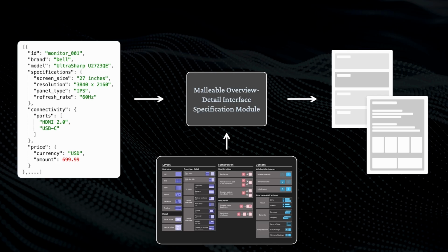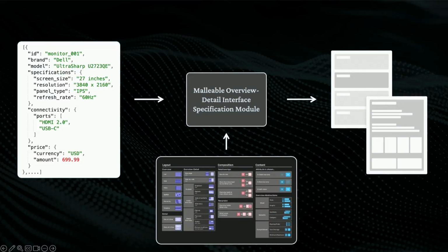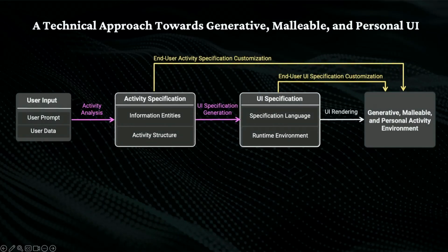By just connecting an array of JSON with this specification module, it can turn that data into a configuration of overview detail interface, figuring out what attributes to be shown in the overview, what attributes to be shown in the detail view, and what the composition and spatial layout between the overviews and the detail views should be. Basically, given that data format, we can turn it into a suitable configuration of overview detail. And that will be part of the UI specification. It's just a specific module, right?